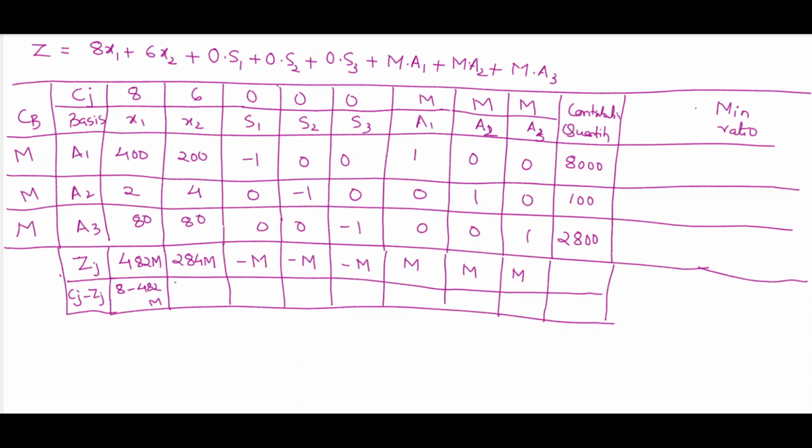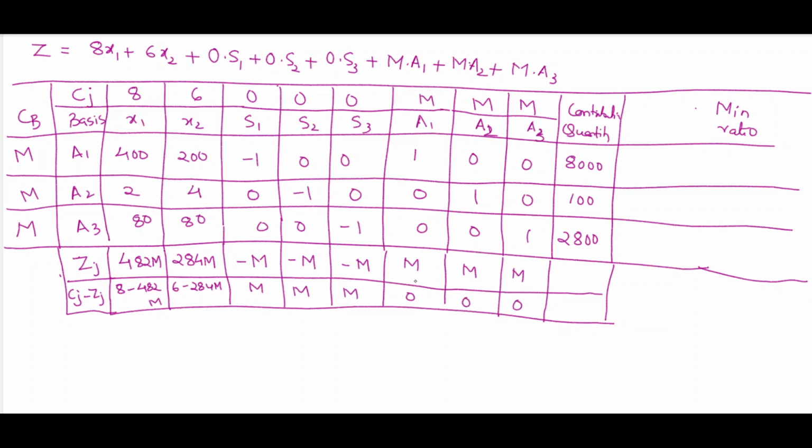Similarly, 6 minus 284M, and here it will be M, M, M. Here it will be M minus M, 0, 0, 0. So you got this.